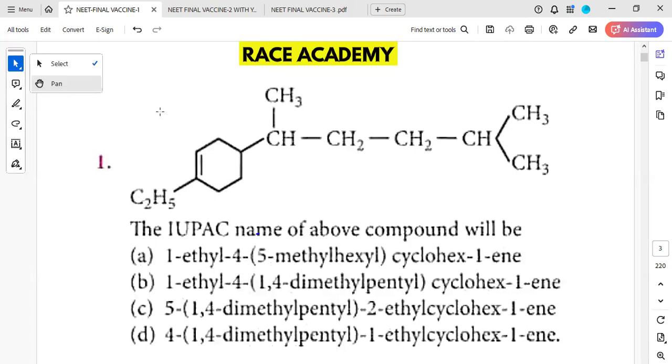We have a question like this. On seeing the question, you can understand that it is an IUPAC name of the compound question.